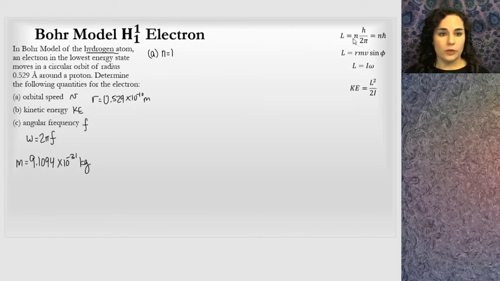And I have an equation for finding the angular momentum. L equals n h over 2 pi. Well, the electron is a point mass, so I'm going to use the point mass version of angular momentum. And so those two things have to be equal.